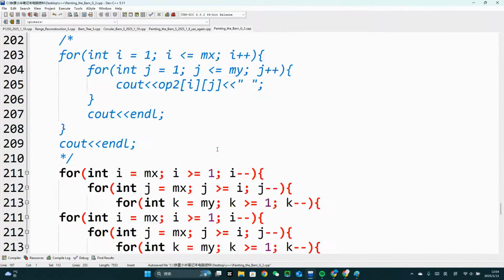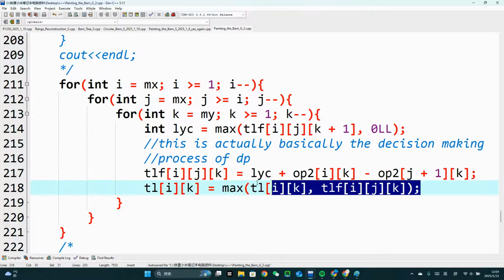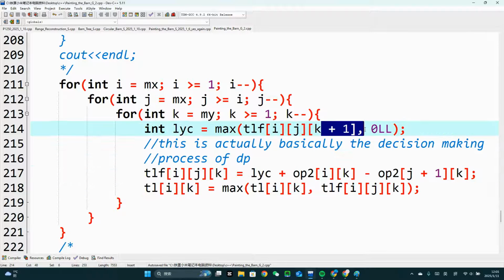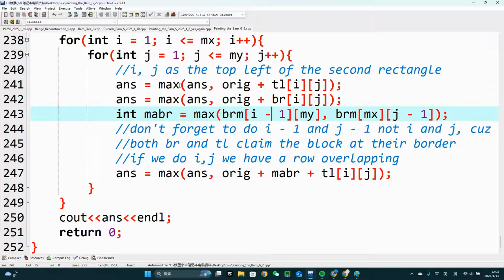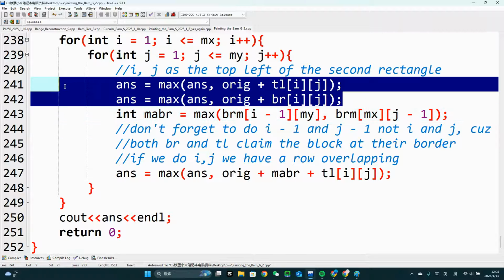And the TL is found using a similar process, except this time it's k plus 1 or k minus 1. And finally, BRM is just a 2D prefix maximum, we just find the maximum value. And finally, notice that we actually have to find the answer for just painting one rectangle, because sometimes painting two is not optimal.